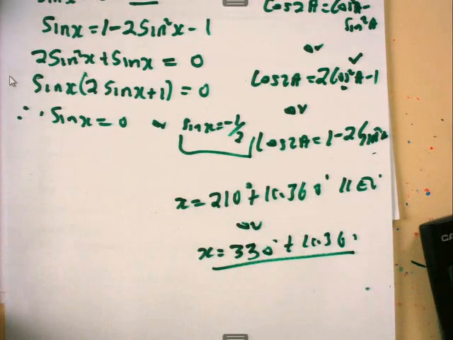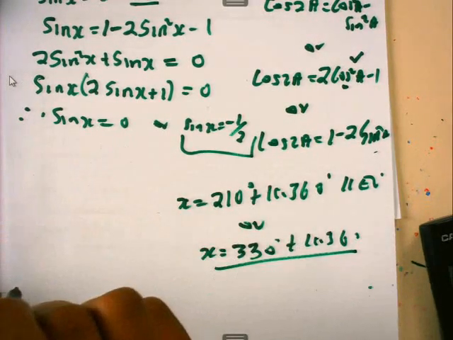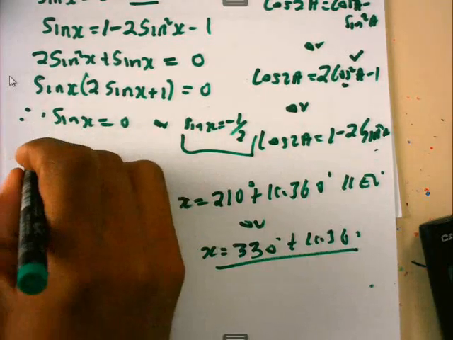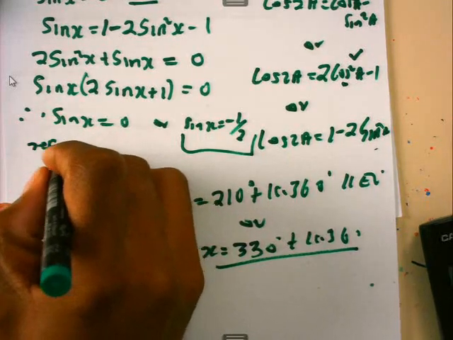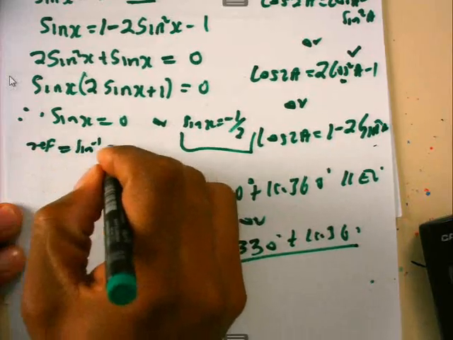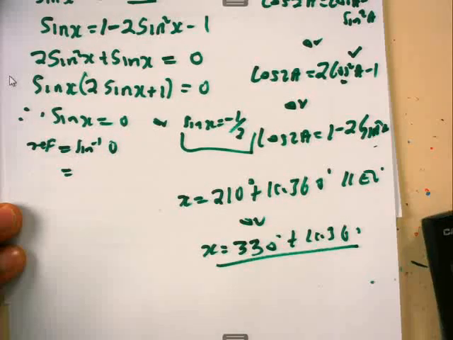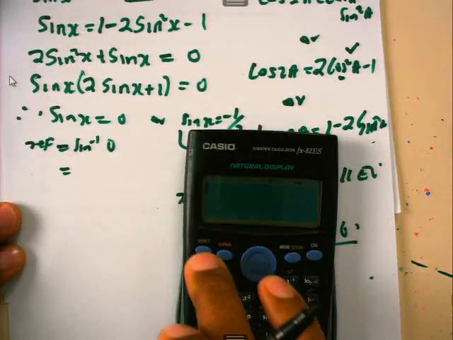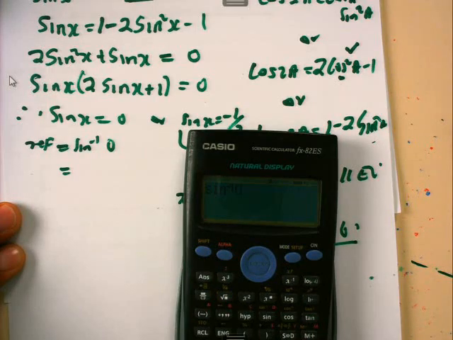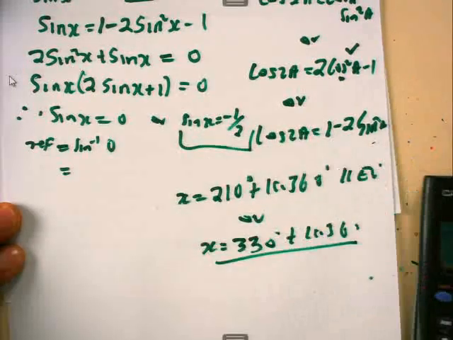What about this one on this side? Sine x is equal to 0, right? Of course, the reference angle will be the inverse sine of 0. What is the inverse sine of 0? Yes, it's 0 degrees.